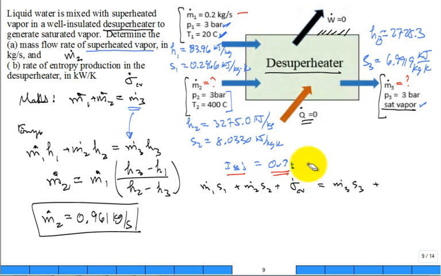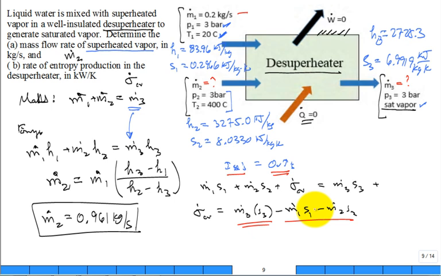Okay. Now, what we can do is solve for what the entropy production is: M dot 3 times S3 minus M dot 1 S1 minus M dot 2 S2. Notice you have to sweep out everything that you brought in plus what was produced.